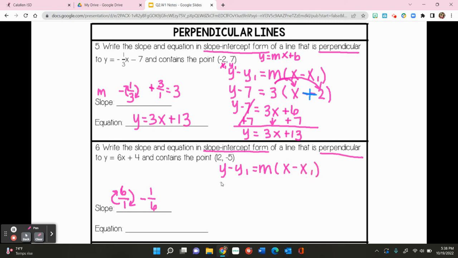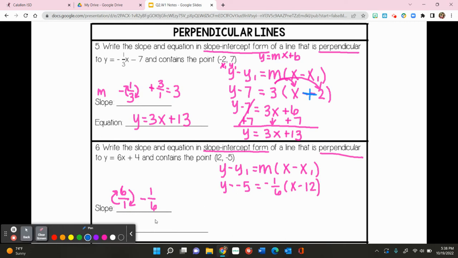Substituting in my information, y minus y1, which is -5, equals m, which is -1/6, parentheses x minus x1, which is 12. Now we go back and check for double signs. In this problem, we have double signs right here. Y minus -5 becomes y plus 5.